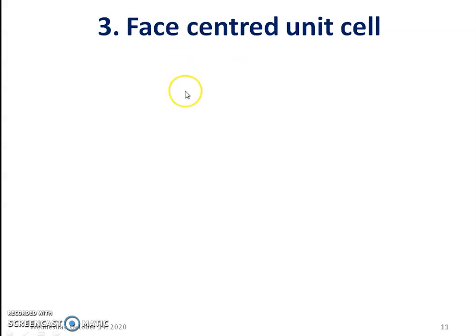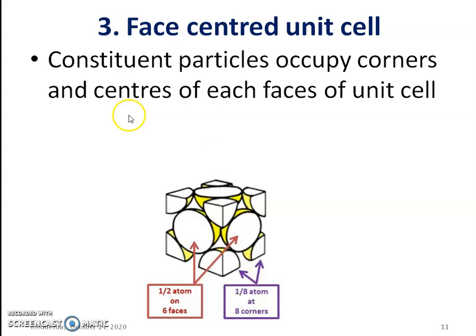Now, the number of atoms present in a face centered unit cell. In case of a face centered unit cell, constituent particles or atoms occupy 8 corners of the unit cell, and there are atoms at the centers of 6 faces. The contribution of a corner atom is 1/8 and the contribution of a face atom within the unit cell is 1/2.